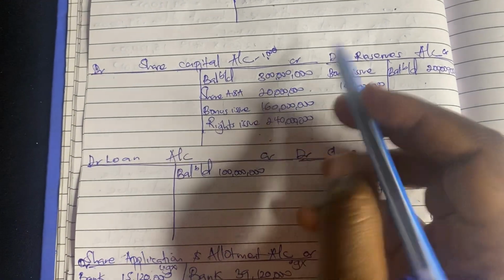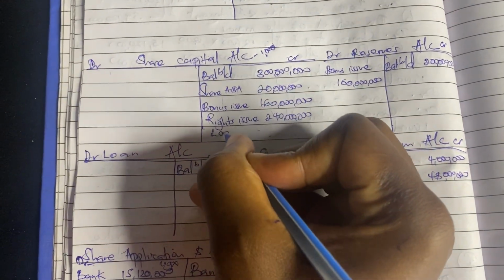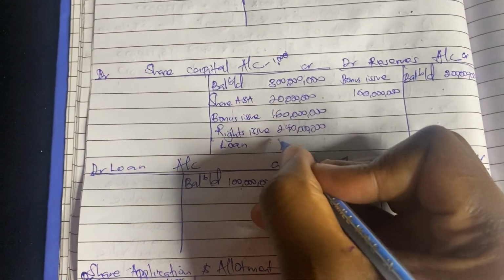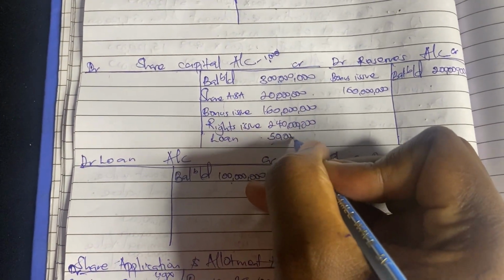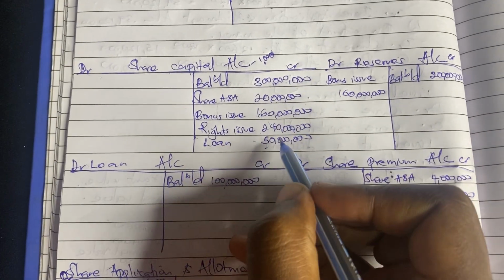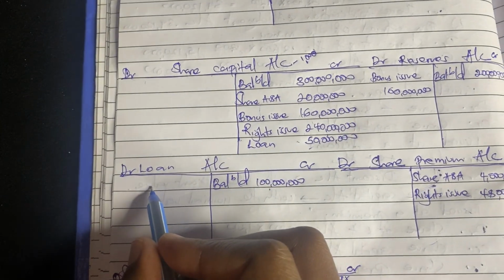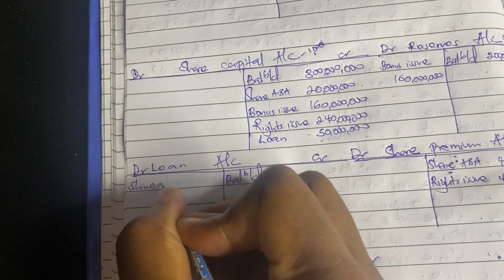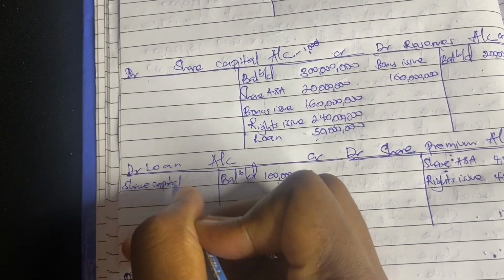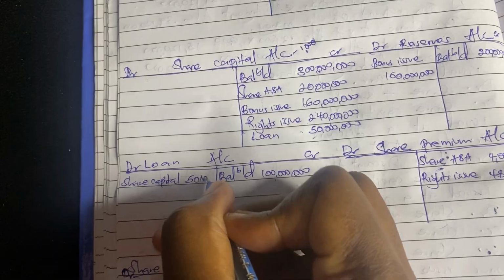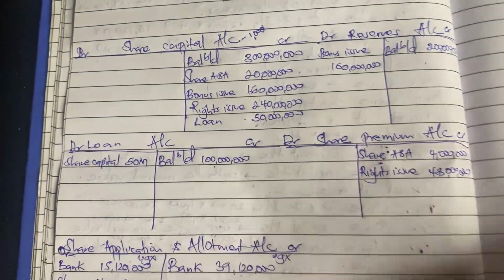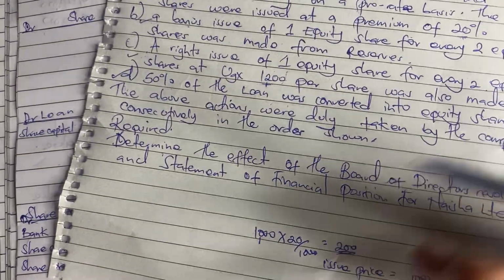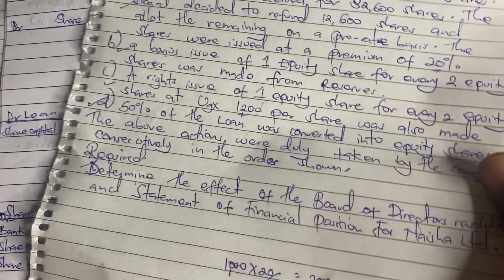So we come this side and write loan was converted into equity. 50% of 100M is 50M. So we credit here and debit here since this one is reducing. So we write here share capital of 50M, like that. So that is also done. So the additional information is done.